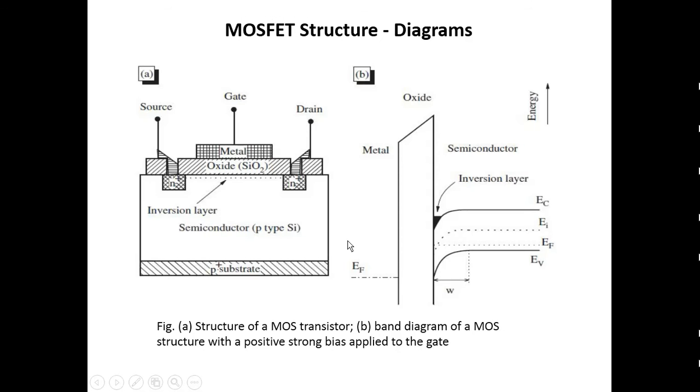We will see the structure of this one. So here this is the structure. This is a P-type substrate over which a lightly doped P-type silicon layer is here, over which we have a very heavily doped N-type source and another heavily doped N-type drain, and between the source and drain there is an oxide layer, the silicon oxide layer, in between the gate terminal, a metal contact terminal, and the P-type semiconductor.